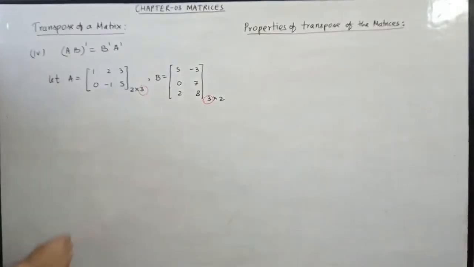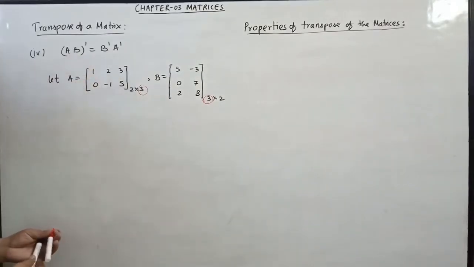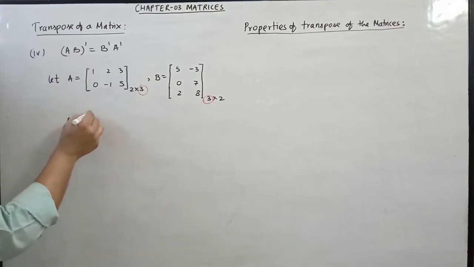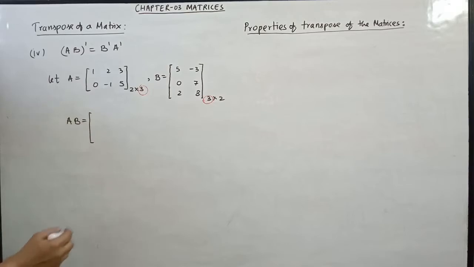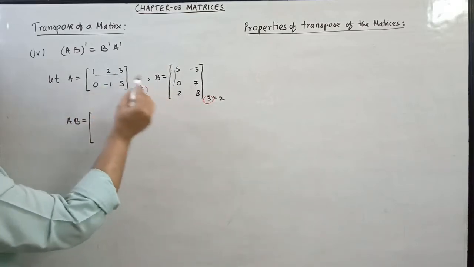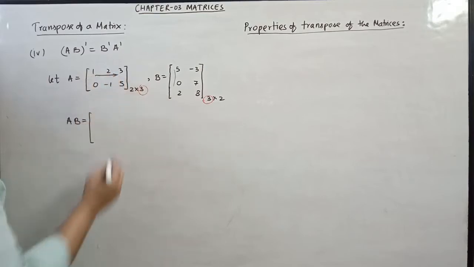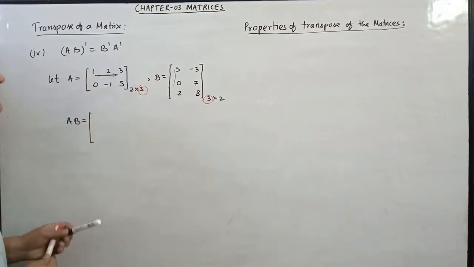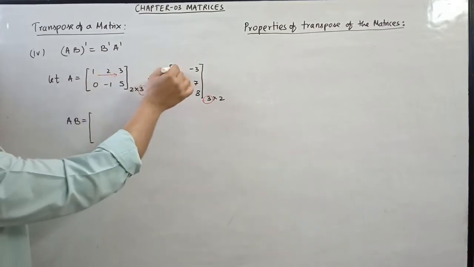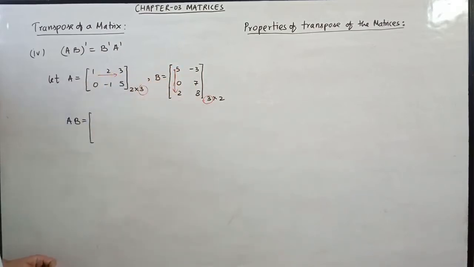So first we have to find out the product AB here. Okay, so let's find the product AB, that what will be AB here. So to find out AB, we have to multiply the first row with first column. Okay, first row and here first column.